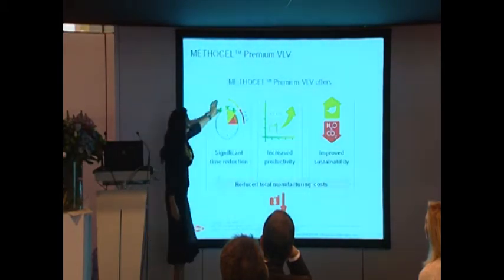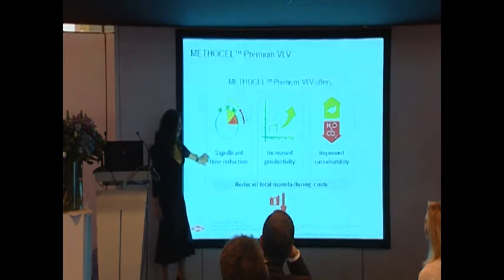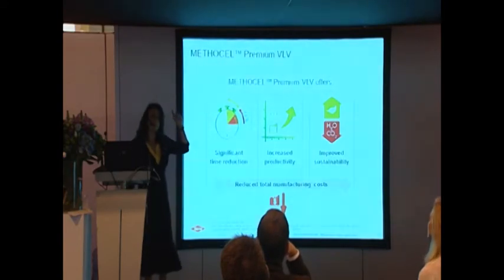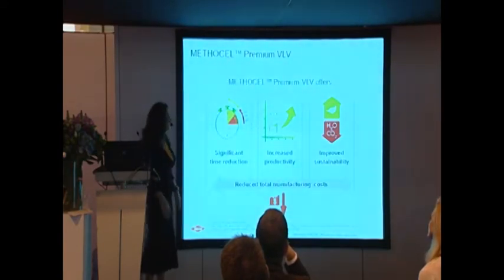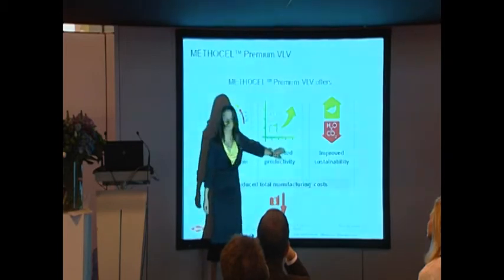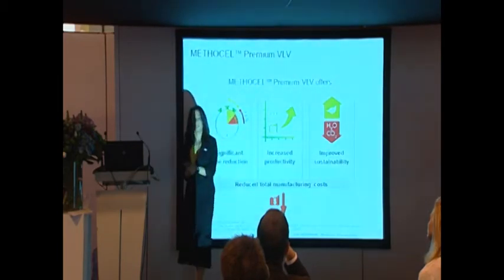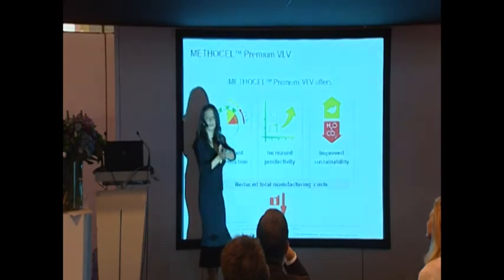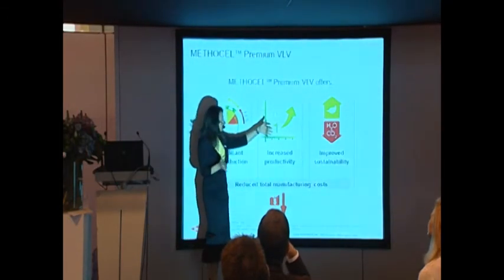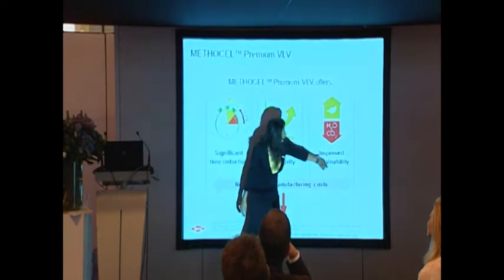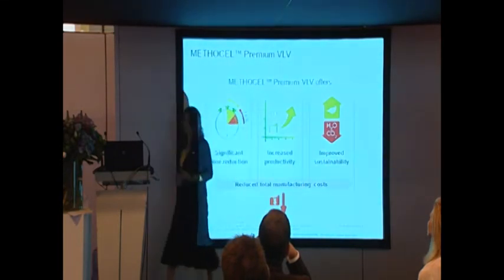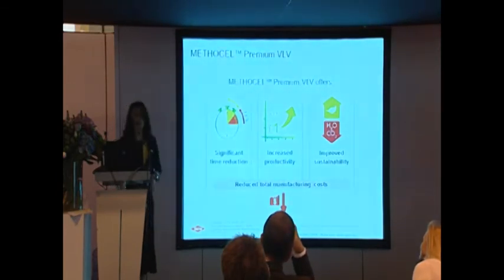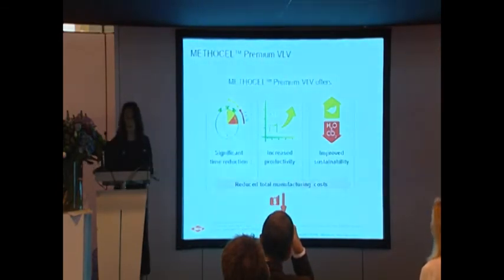With this polymer, because of its features, it allows you to really reduce the processing time because it allows you to increase the solid content without impacting the viscosity, yielding increased productivity, specifically if you are at full capacity, and delaying any further or additional expenses, and also improved sustainability, which is one of our corporate goals, by the way. All this together really contributes to reducing the total manufacturing cost.